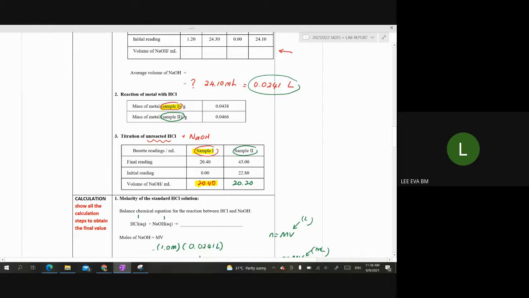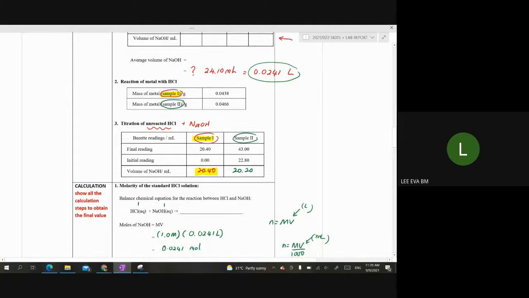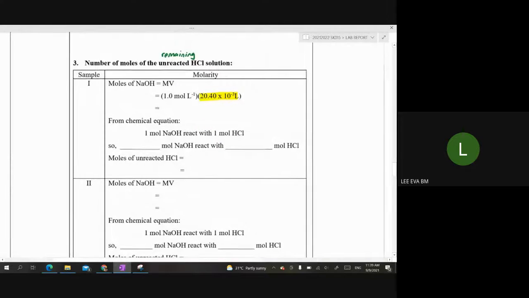So sekarang ini kita nak match kan sampel 1 punya mass of metal dengan sampel 1 punya volume NaOH. So now we are taking this 20.40 to calculate the number of moles of unreacted HCl. Okay, so Madam catat dekat sini. Ini pun sudah tulis lah. Okay, ini datang daripada awak punya sample 1.